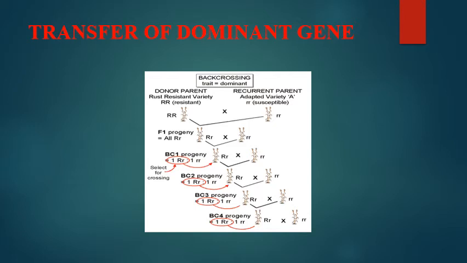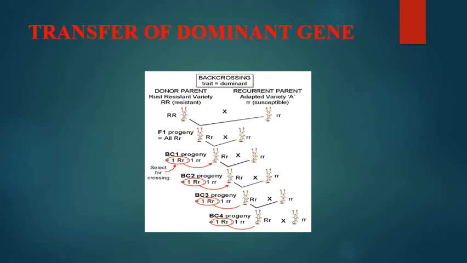So here we are selecting the plants which are resistant and then allowing them to backcross with the recurrent parent. This procedure is continued till the BC6 generation, where the similarity to the recurrent parent would reach more than 98%.